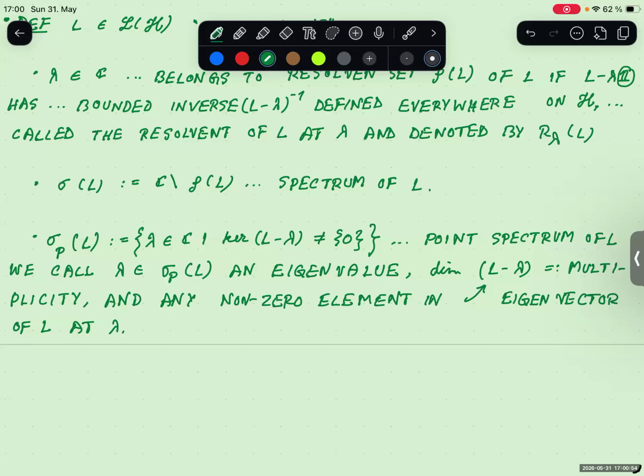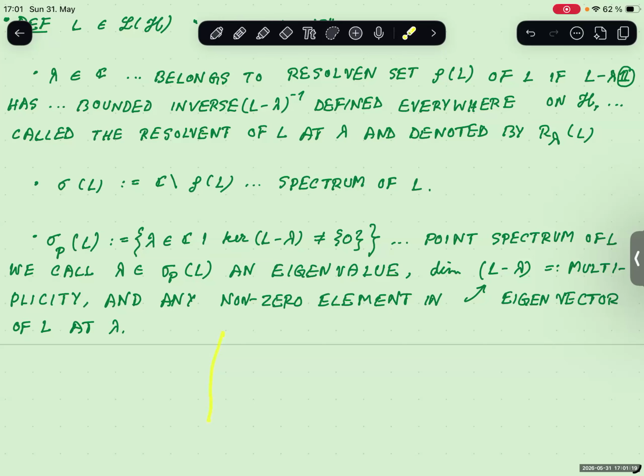Next lecture, we will discuss the spectrum, some notions. I mean, now you already have seen how eigenvalue pops up, but why we need to take this approach, we haven't discussed. So we will discuss that.